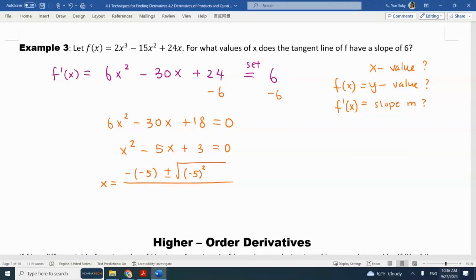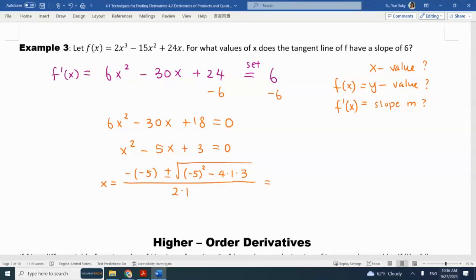And then minus 4. A is 1. C is 3. All over 2a. And a is 1. Is everybody okay with the quadratic formula?